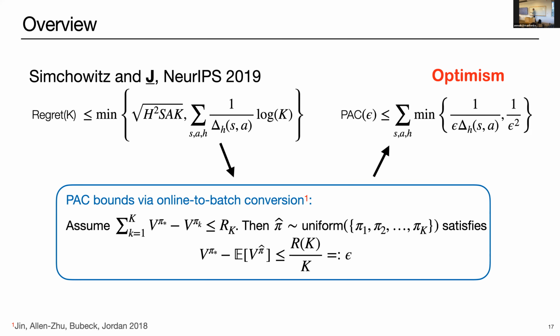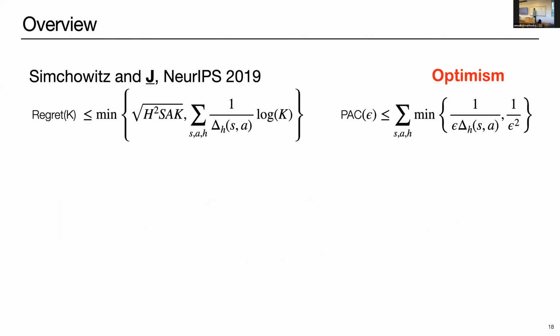And by applying this directly to our result here, a direct corollary is that we get some sample complexity, which I'm calling PAC of epsilon, less than or equal to some overall SAH of the min of 1 over epsilon times the gap and 1 over epsilon squared. Okay. This is good news. For one thing, I know from other papers that people have published, including Azar et al. and Brunskill, that the minimax sample complexity for tabular PAC learning is SA over epsilon squared.